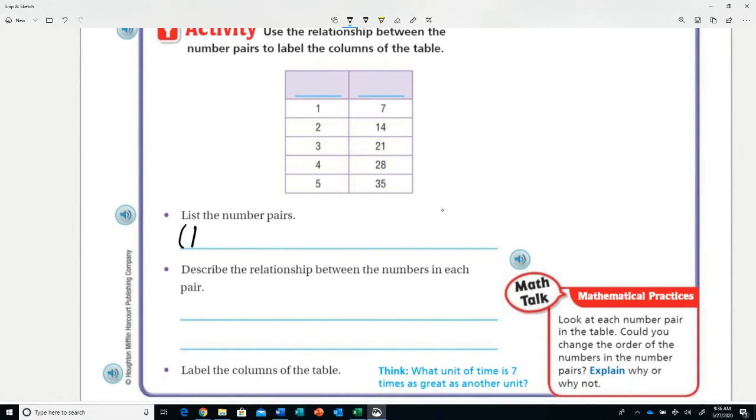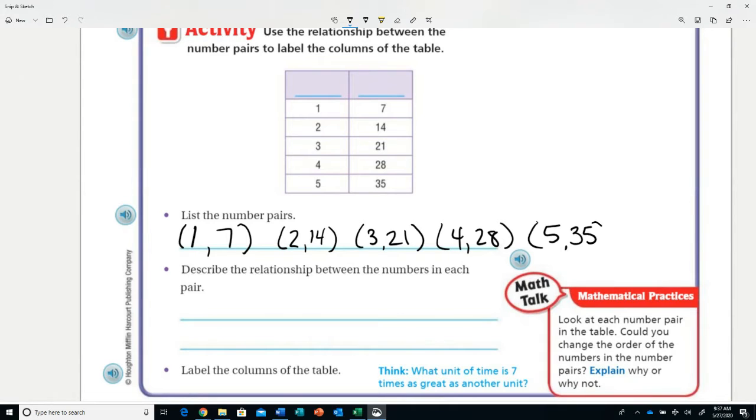It would be 1, 7. That's a number pair. Next number pair, 2, 14, 3, 21, 4, 28, and 5, 35. This is a number pair. This is what it looks like in real life algebra.